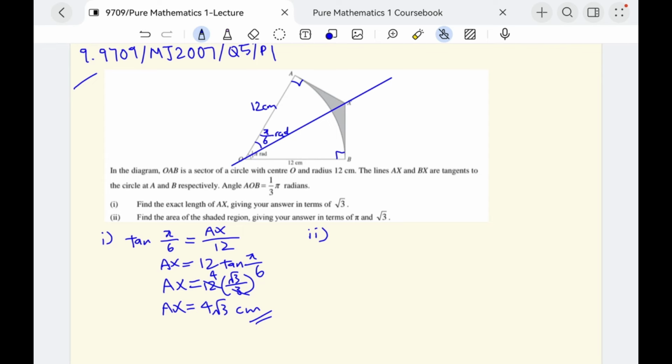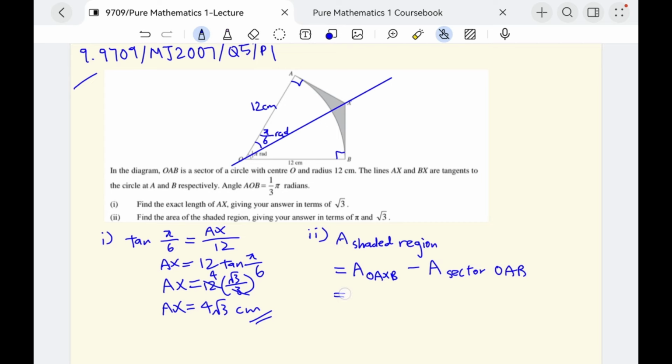You can solve the area of the shaded region in this way. You can write A of the shaded region, that denotes the area of the shaded region, that is the area of OAXB minus the area of the sector OAB.